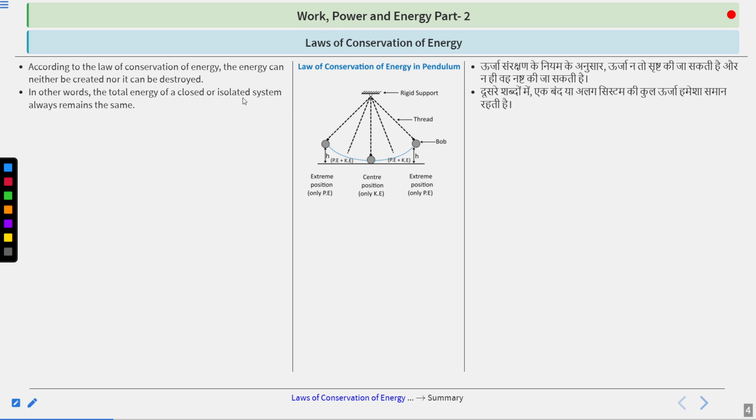So the total energy of the system will remain the same. It will not be decreased or increased, because no energy is being created so that the energy could be increased, and no energy is being destroyed so that the energy could be decreased. The energy will remain as it is. The sum of various energies in the universe remains constant. That's why.